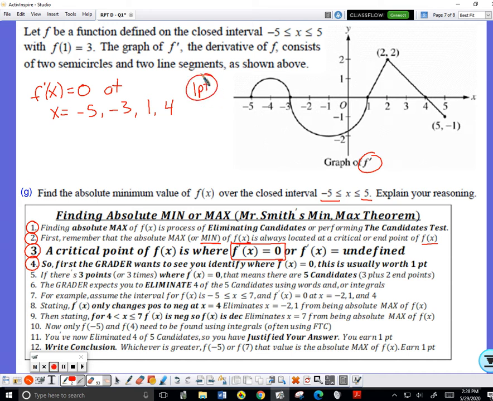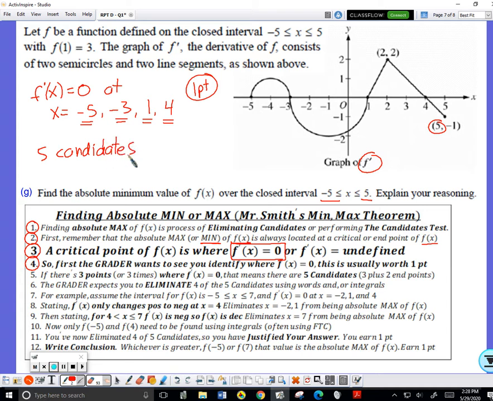And now I've identified all the candidates because this is an endpoint. These are x coordinates where f prime is equal to 0. The other endpoint is also a possible candidate. So for this problem I have 5 candidates. And as described in this big box below, if I want to get all the points on this problem, I have to eliminate 4 of the 5 candidates.